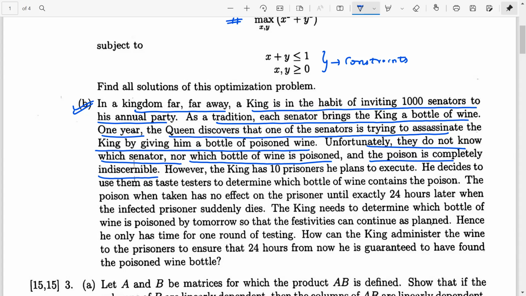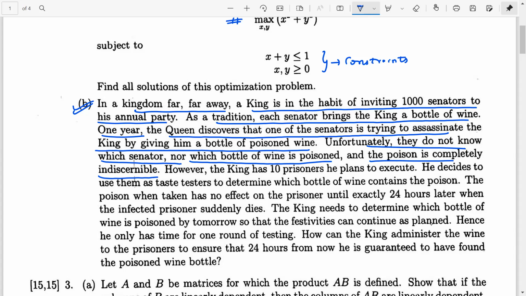The poison is completely within the wine, and the poisoned wine is not showing any other smell or any other color as compared to other wines. That means you can't look at the wine and see that this is poison. Okay, the poison is not affecting the color and the taste and the smell of the wine.